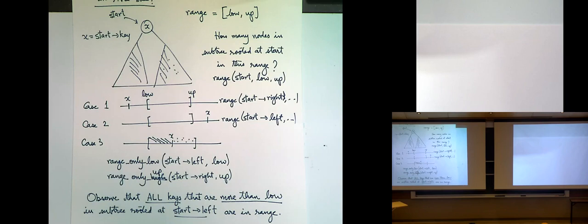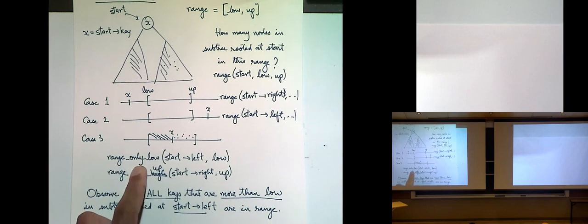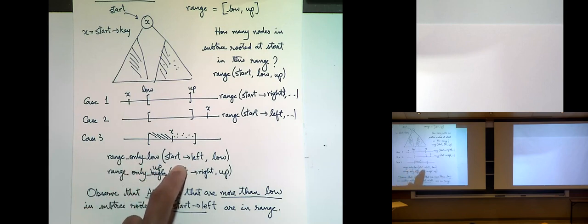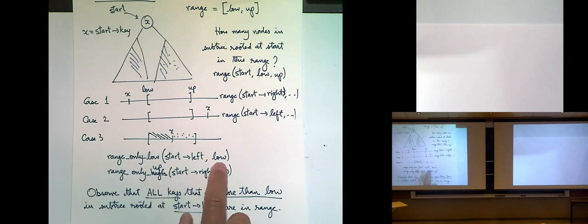Yeah? So what range only low does, it's a new function that counts the number of nodes in a subtree that are more than low. So all it does is it's looking at how many things are more than low.